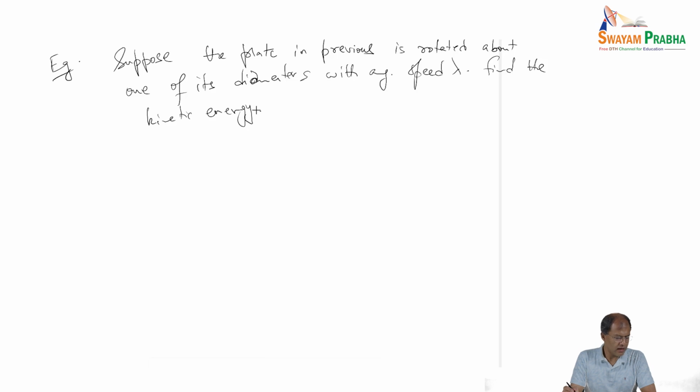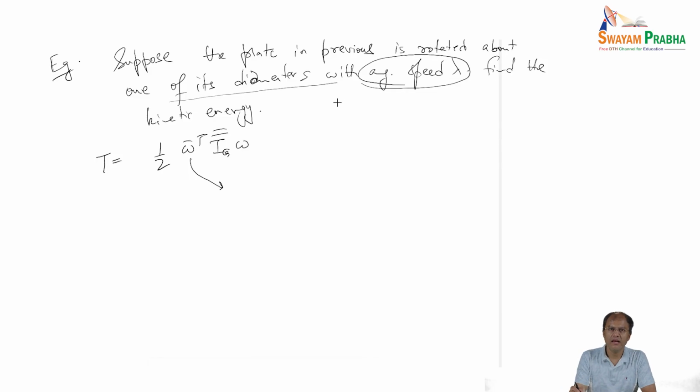Again, using the formula, our kinetic energy will be half omega transpose Ig omega, where our omega matrix, if you have the angular speed lambda along one of its diameters and the diagonal makes an angle alpha, will be lambda cos alpha, lambda sin alpha, 0.